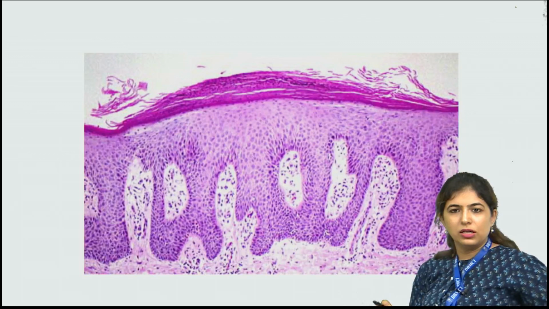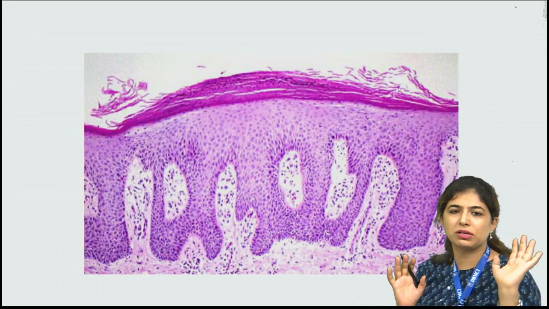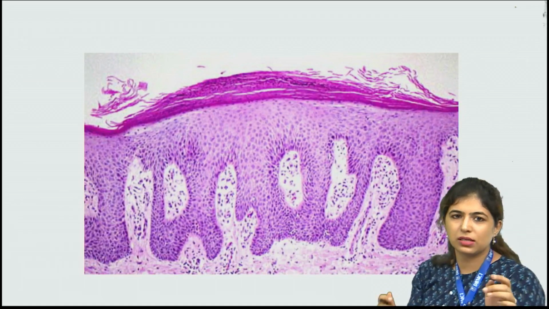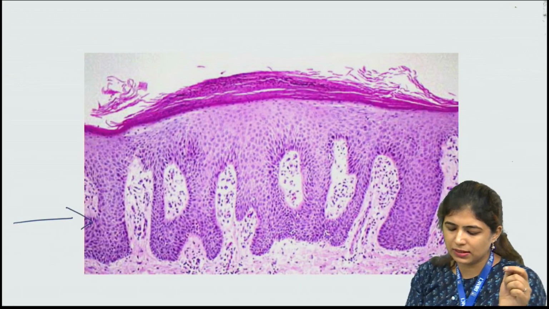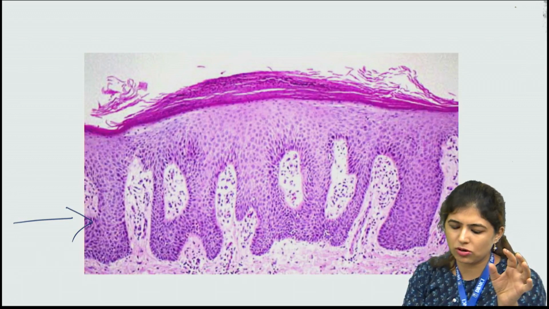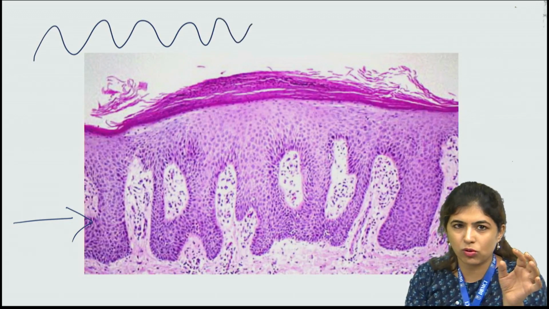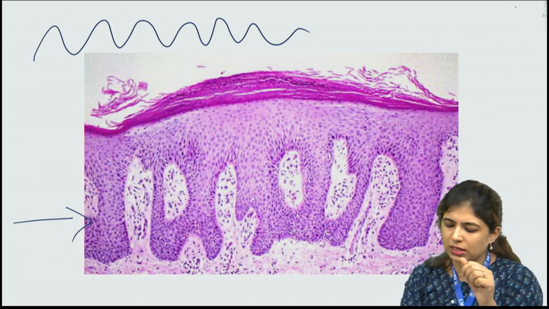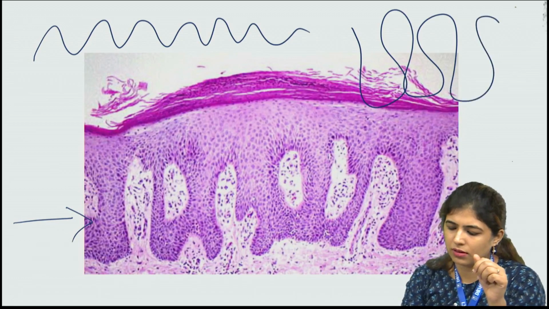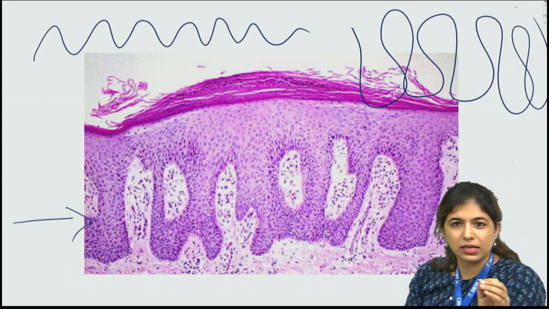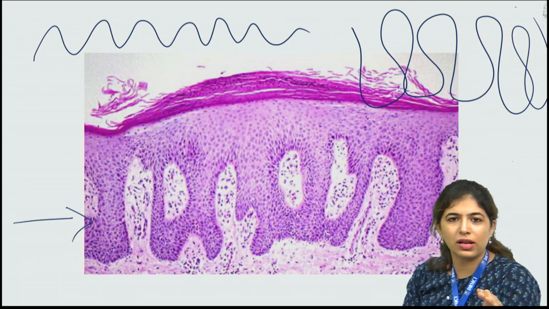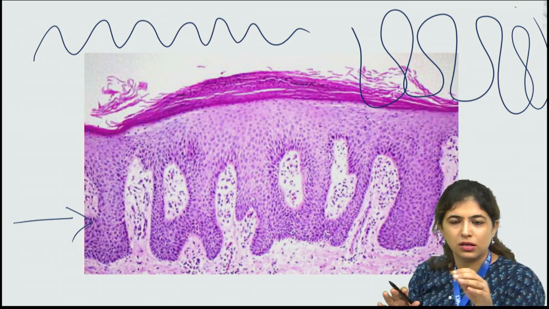Now, just look at this image. Just look at it. What is the first thing that you notice? The first thing that you notice are these rete. In a normal epidermis, they would go like this. However, here they are going like this. So this is the change. Classic for psoriasis. At your level, only psoriasis.